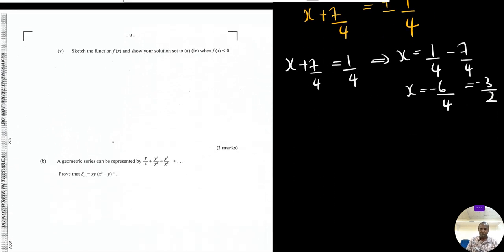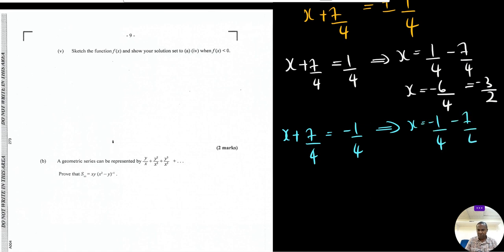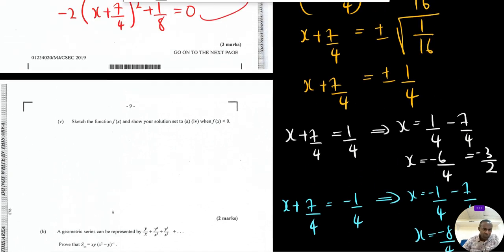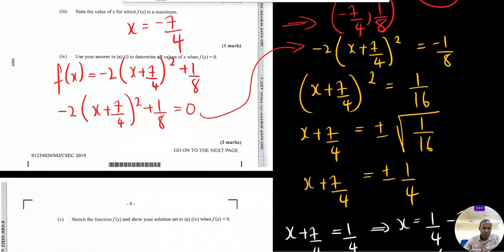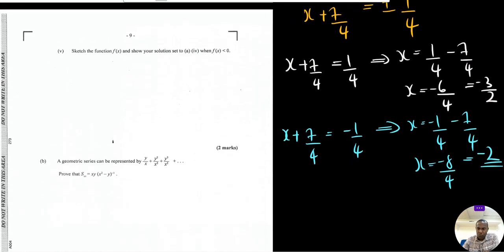And then when the square root is actually negative 1 over 4, we can say that x plus 7 over 4 is equal to minus 1 over 4, which therefore implies that x is equal to minus 1 over 4 minus 7 over 4. X is equal to negative 8 over 4, which of course is equal to negative 2. And so therefore, these are the roots of our quadratic: x equals negative 3 over 2 and x equals negative 2.